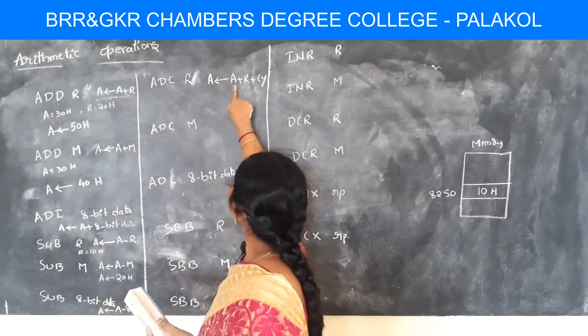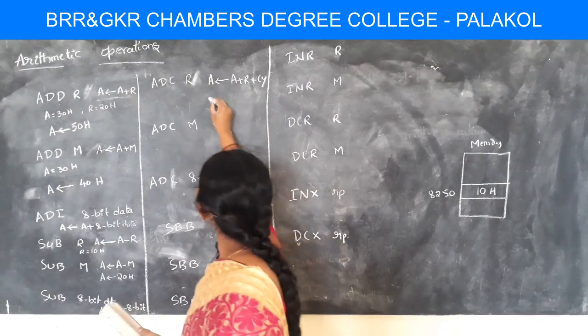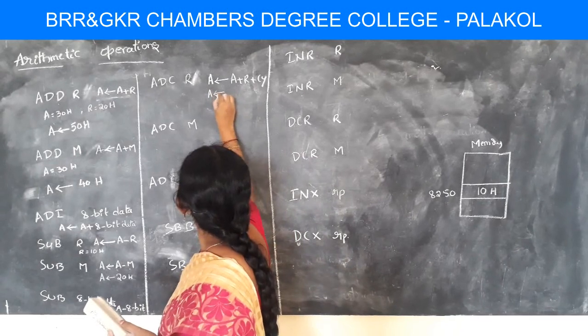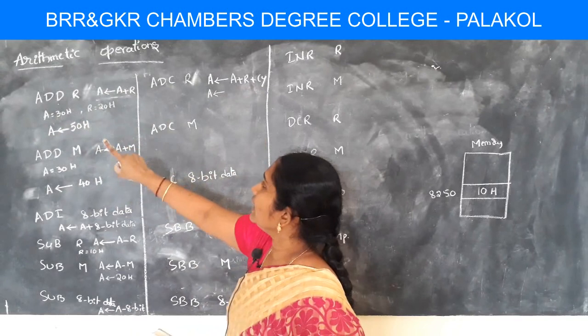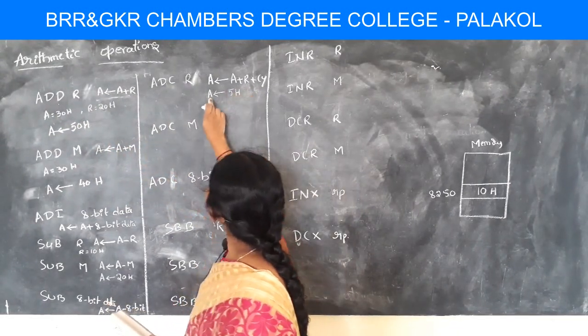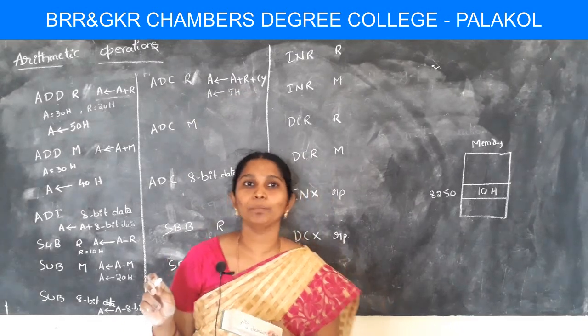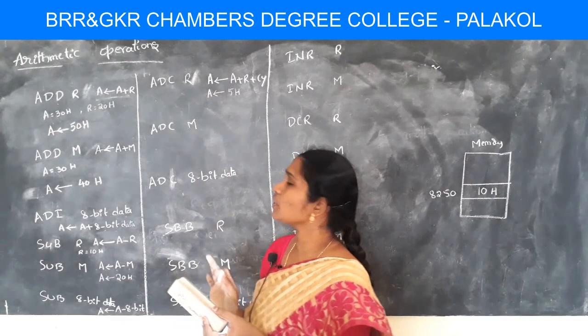So 30 plus 20 plus carry, which is 1. The final result is 50 plus 1, that is 51, and it is stored in the accumulator. Okay, so this is the meaning of this instruction.